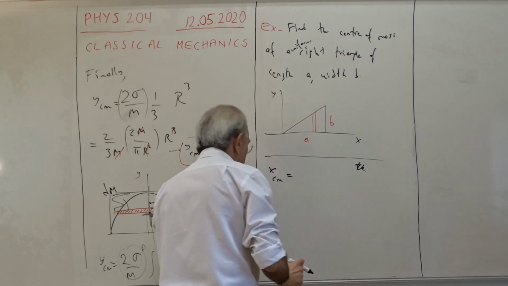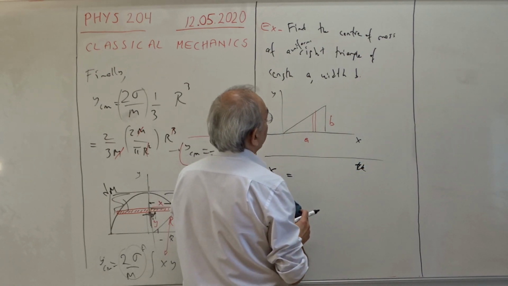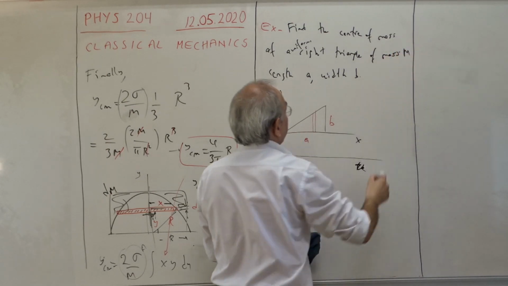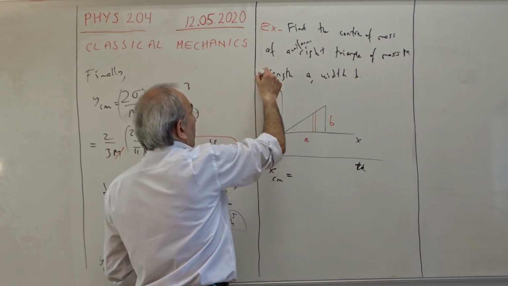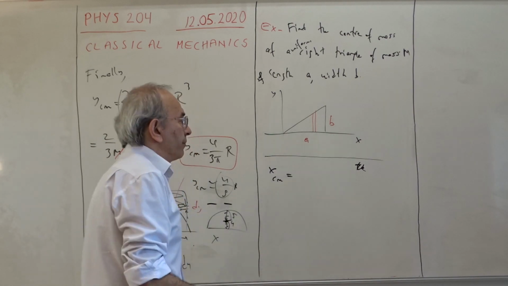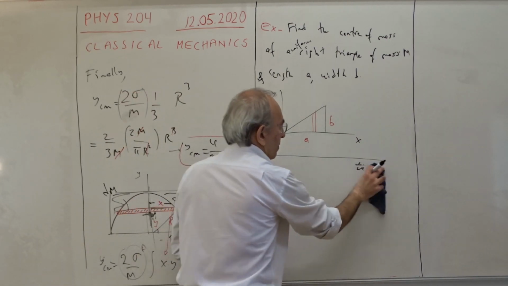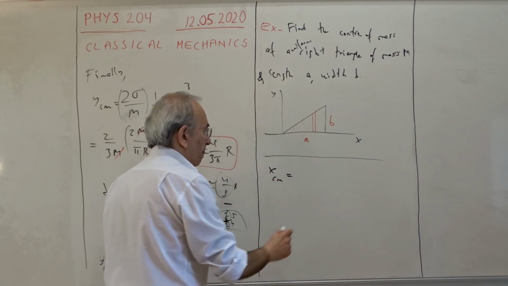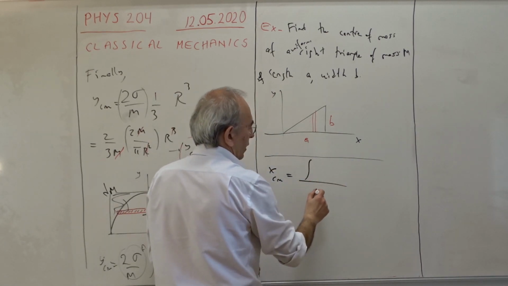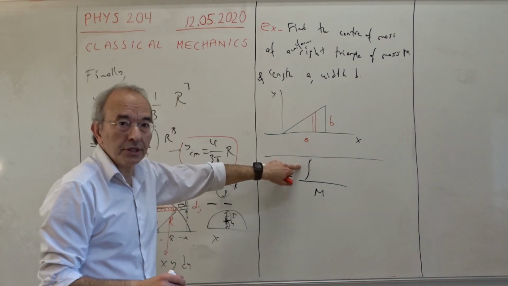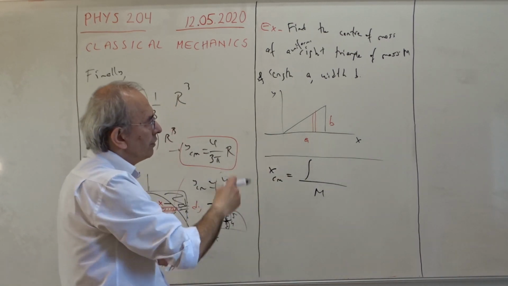Triangle, rather, let me write it here, of mass m, of length A with B. Okay. So x center of mass is simply an integral divided by total mass m. What is that integral?